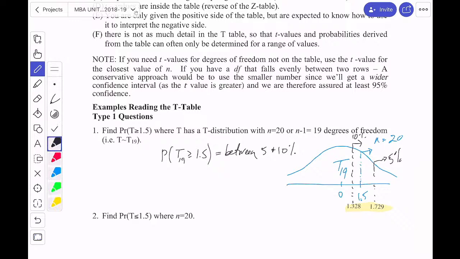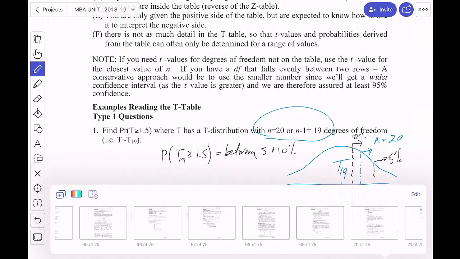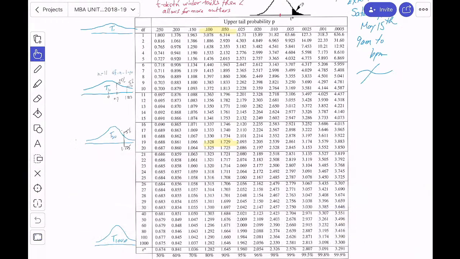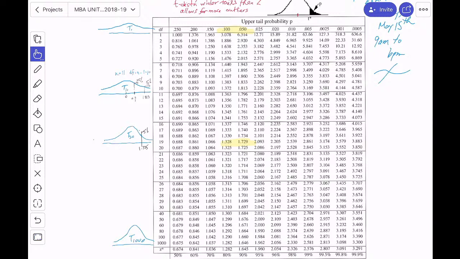Did I grab the wrong one? I used 19 degrees of freedom, right? Let's go back and see. Yeah. So this is the importance of drawing it. It really does a nice job of putting everything together.